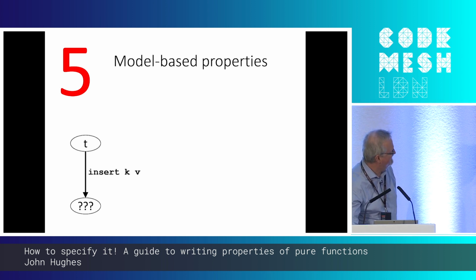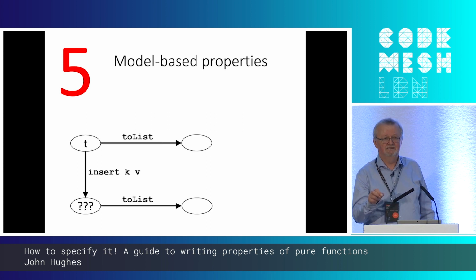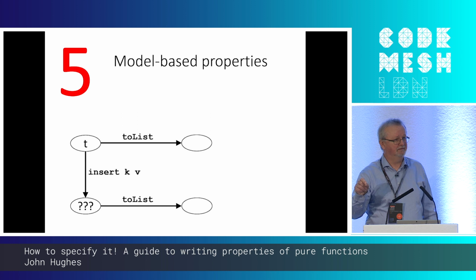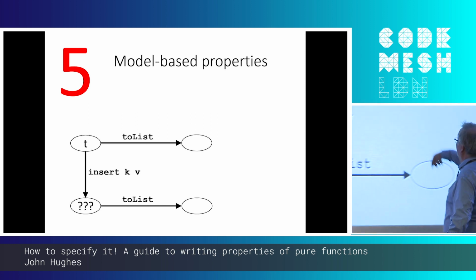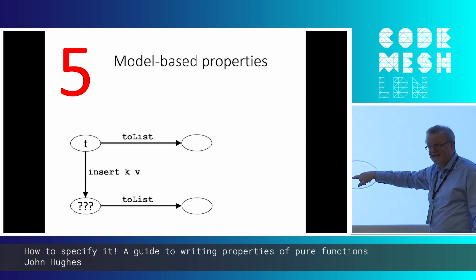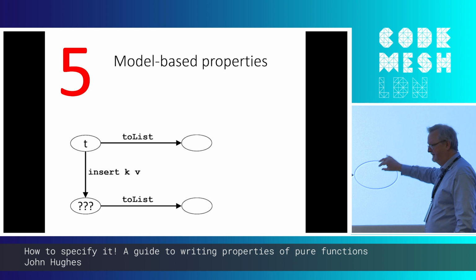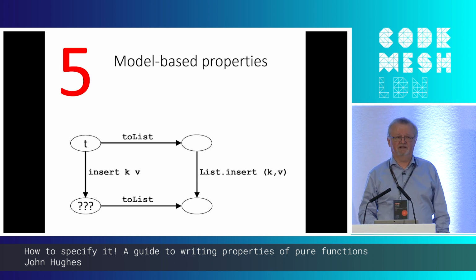But suppose I convert both the tree before and the tree after to just the list of keys and values. Now, can you predict how these two lists of keys and values should be related? Yes, it's easy. Here we've got a much simpler data structure, and I can just reuse list insertion.